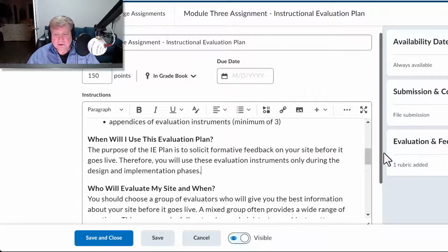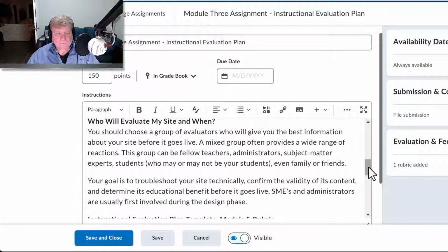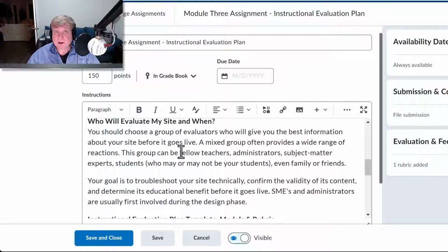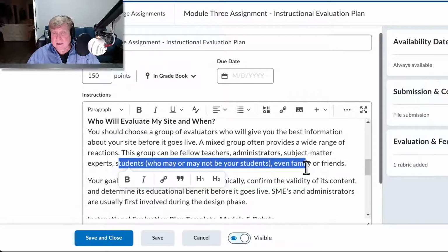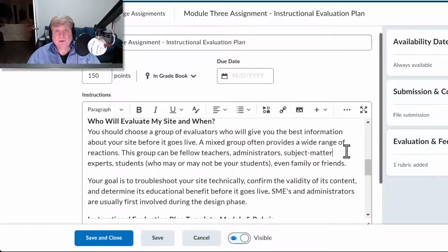Now you get to choose your own group of evaluators here. It's recommended that you have a mixed group, and those can be some mixture of teachers, administrators, SMEs, subject matter experts, and your own students, even family or friends. Why such a wide mix of input? Because you want to cover all your bases.